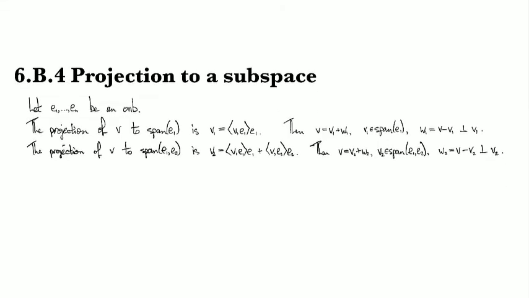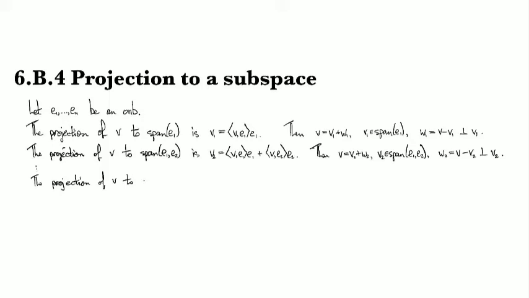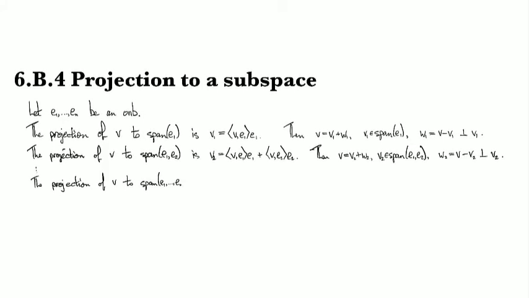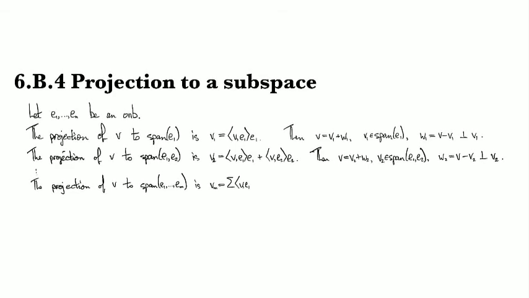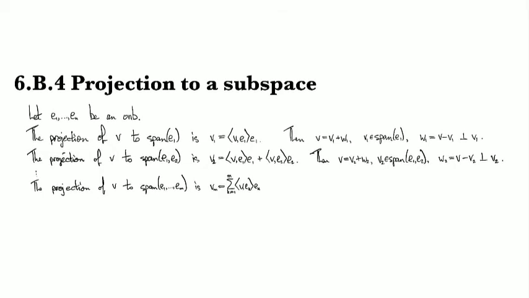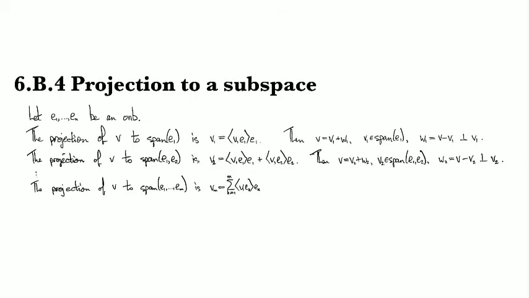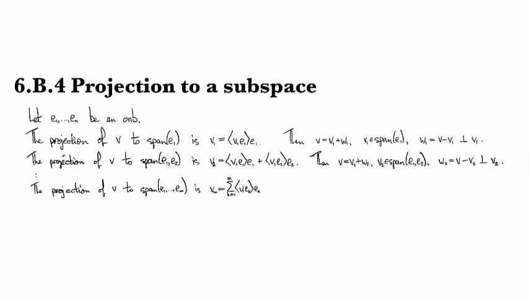And so we can continue as much as we want. So the projection of v to the span of the first m vectors is just the sum of the projections onto each of the first m elements of our orthonormal basis.